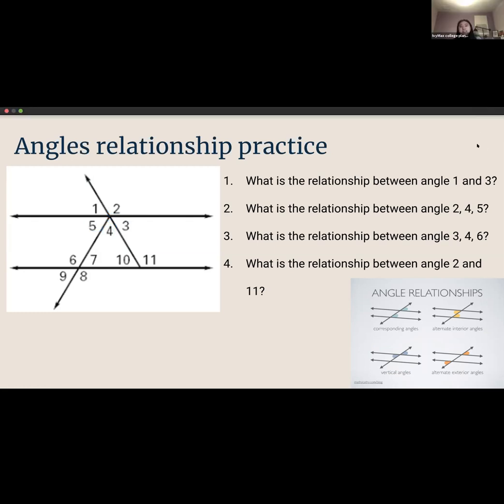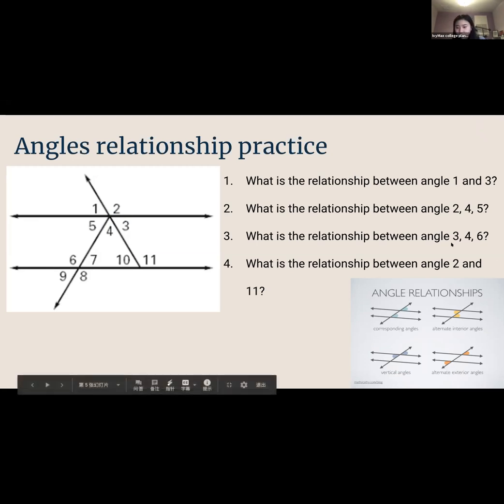Okay, so right now you guys can check for number 3 and number 4. Well, I mean, you can do it by yourself and then we can check it together.